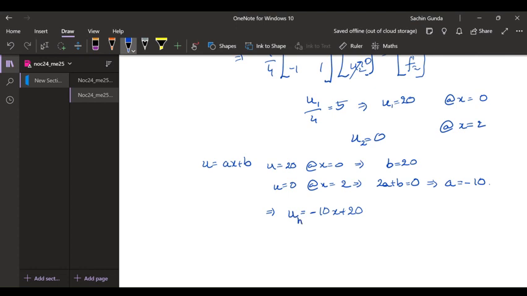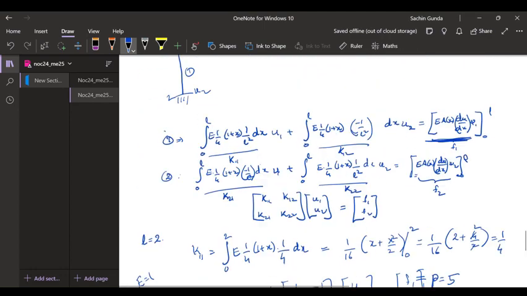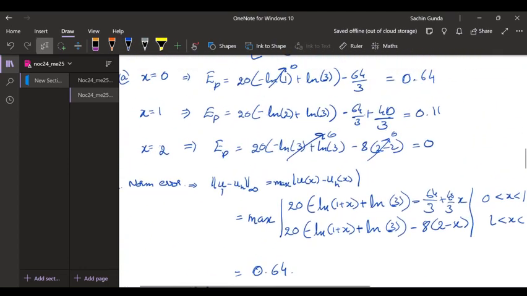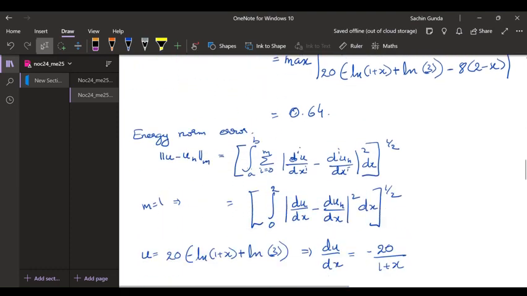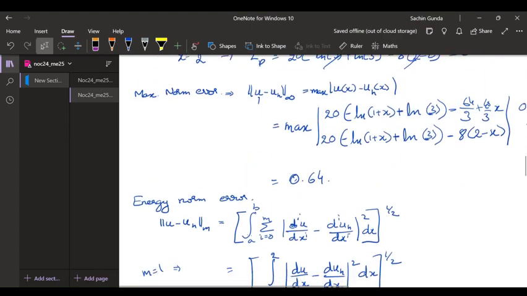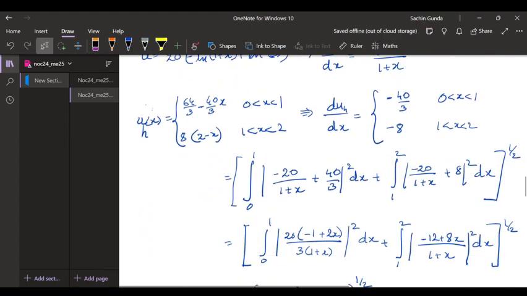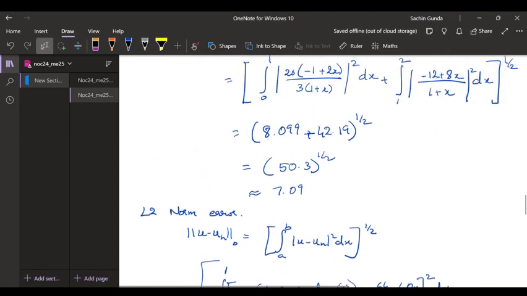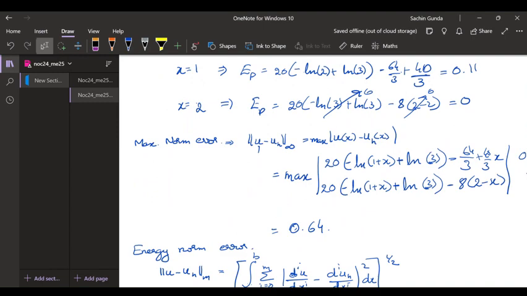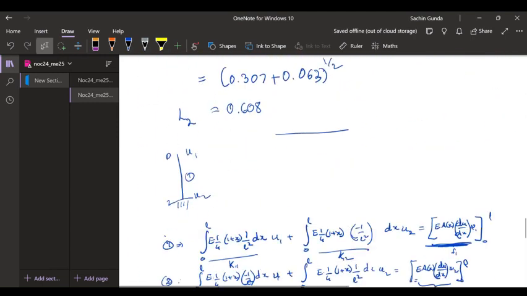The expression from the finite element is minus 10x plus 20. This is uh, but in this we are using only one element. Let us calculate the error for this one element. But instead of all the errors, let us just take one error and find its value to see how much we are getting. Let's take the maximum norm error, which is the max of the difference.